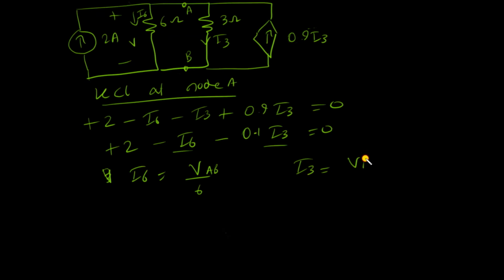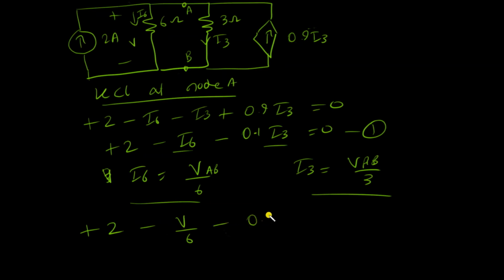I3 can be written as VAB divided by 3. Substituting these into the above equation, I can write 2 minus V over 6 minus 0.1 V over 3 equals 0, and now I can solve this equation for V and find the answer.